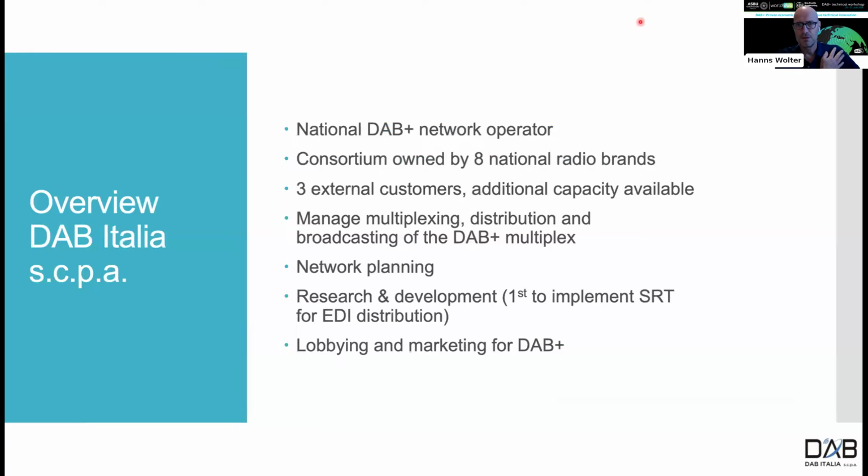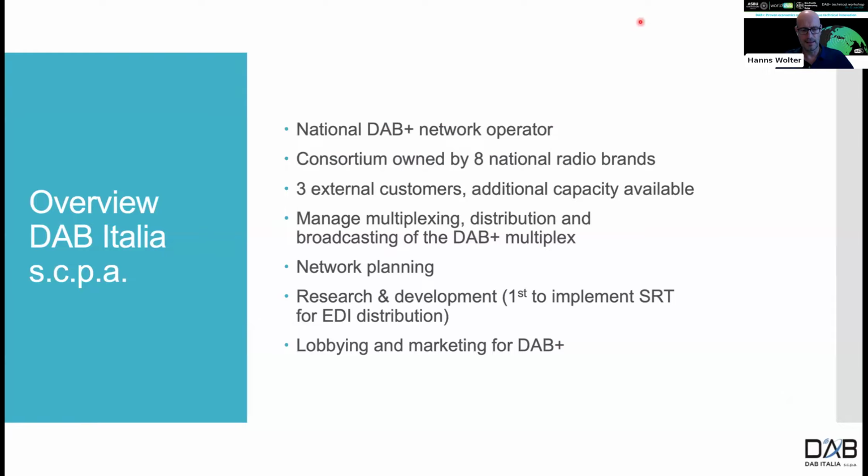First of all, please let me introduce our company a little bit. DAB Italia is a national DAB network operator. We have a license for the whole country of Italy. Our company is actually owned by commercial radio brands, which are also active in FM.